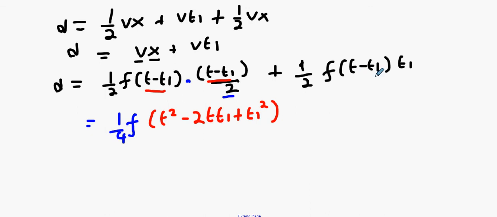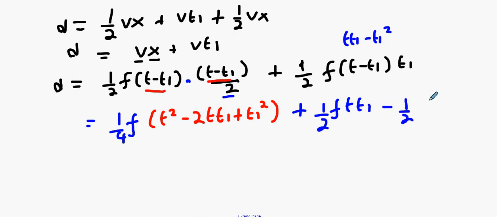The next part after that is going to be a half f, it's going to be t1 minus t1 squared. So it's a half f multiplied by the two of them. So it's a half f t1 and minus a half f t1 squared. Oh God, my eyes hurt.